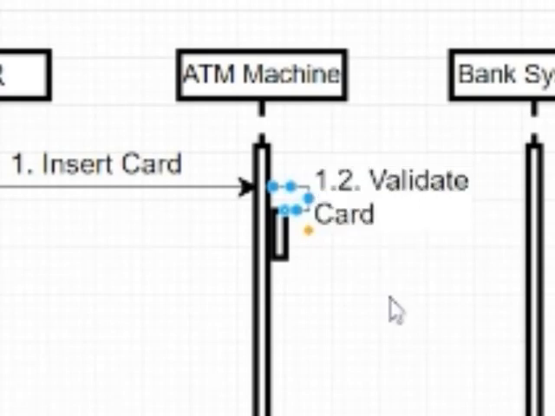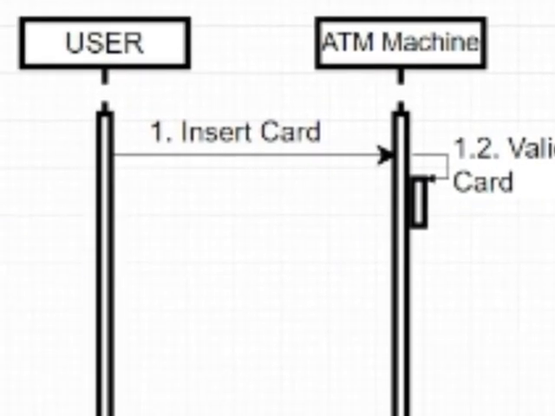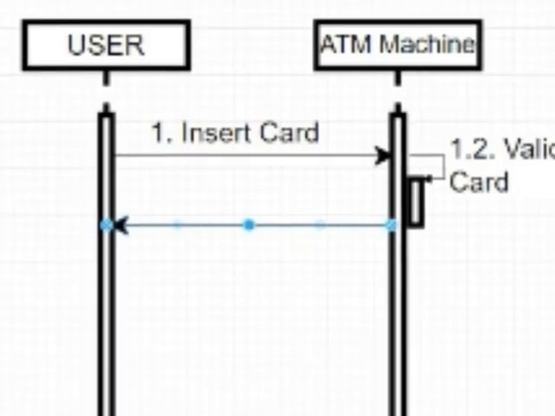So if the card is okay, then it will proceed. However, if the card is not okay, then you will give a message. In this case, you can put another arrow here like that. Instead of a straight line arrow, change this one into a dash line, because this is a confirmation message.